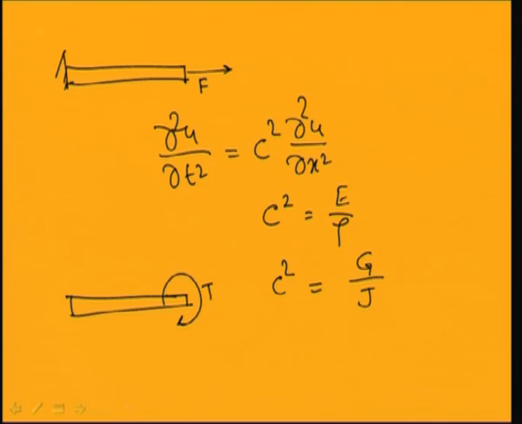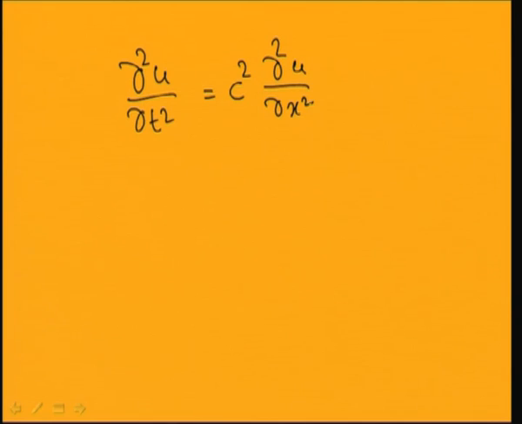So in all these cases the equation of motion is written in this form: del square u by del t square equal to c square del square u by del x square. Here u is the displacement in case of longitudinal vibration of the rod or string, and it is the rotation in case of torsional vibration of the rod.